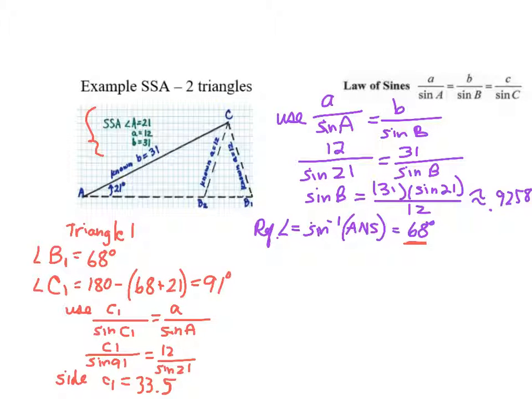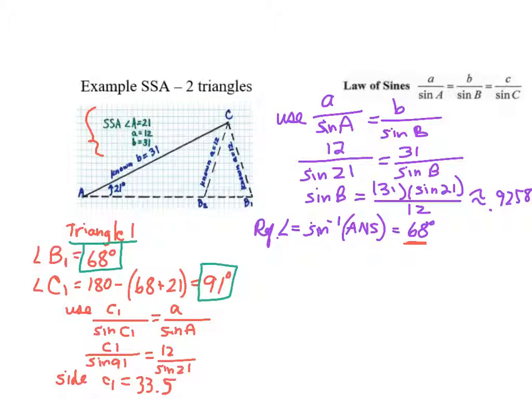So working with the acute angle answer that we get with the calculator, we work on triangle 1, which is going to be, we have B1 equals 68 degrees. That's what our calculator gave us. We now have two angles, so C1 will be 180 minus the sum of those two angles, so that's 91 degrees.